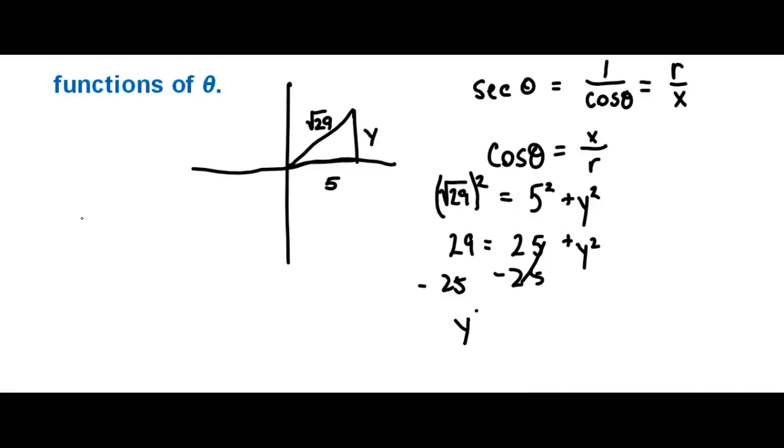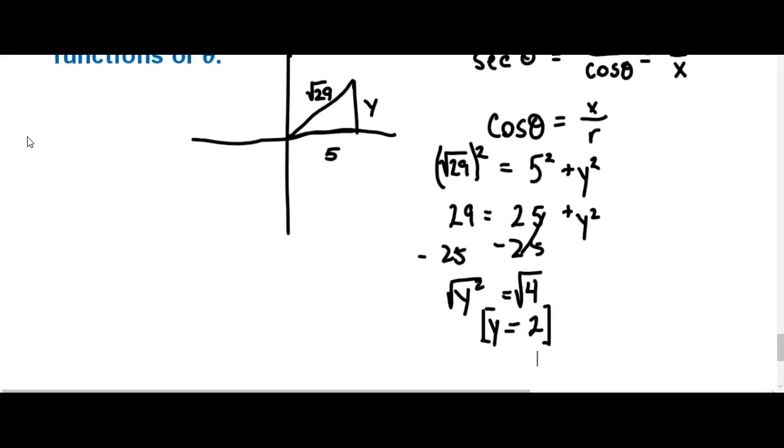So y squared equals 4. And then when we take the square root, we're going to get y equals plus or minus 2. Since we're dealing with something above the y-axis, because sine has to be positive, we'll use the positive value 2 for our y value. So now we know x, y, and r.